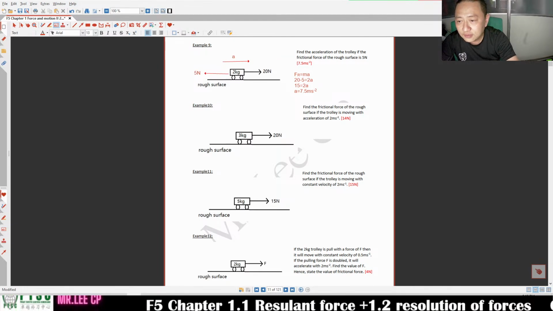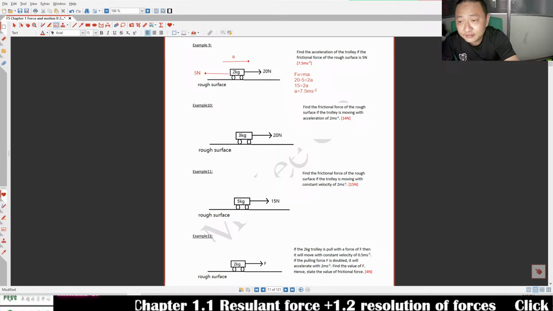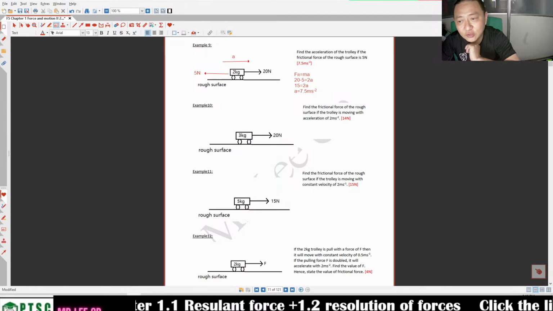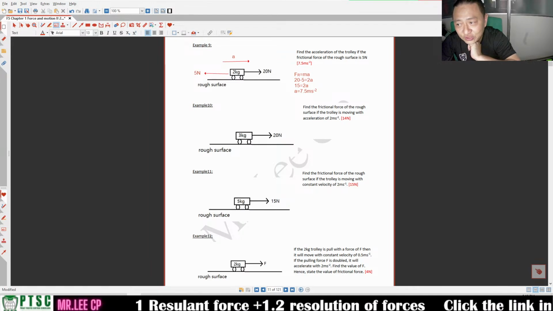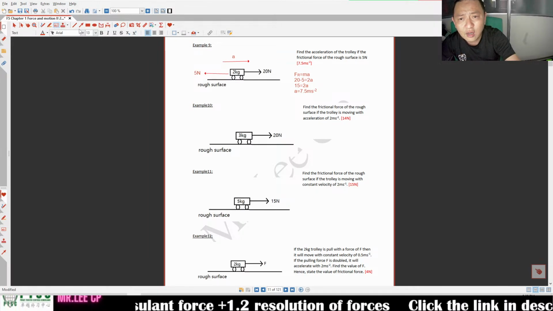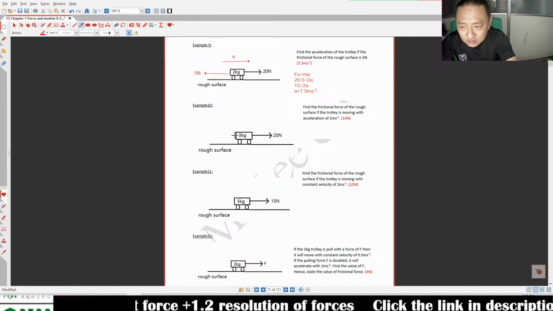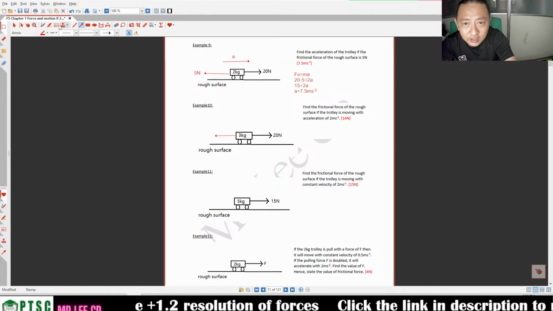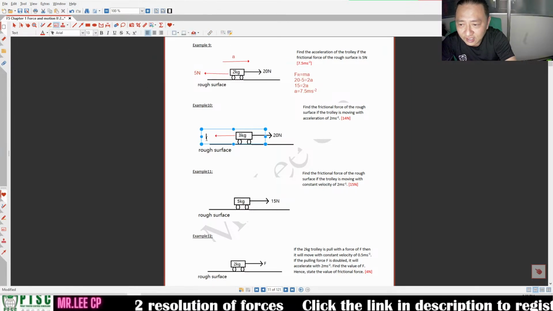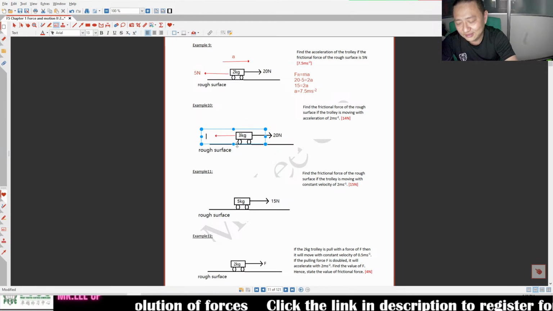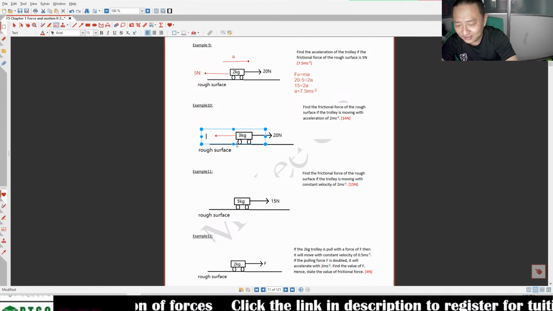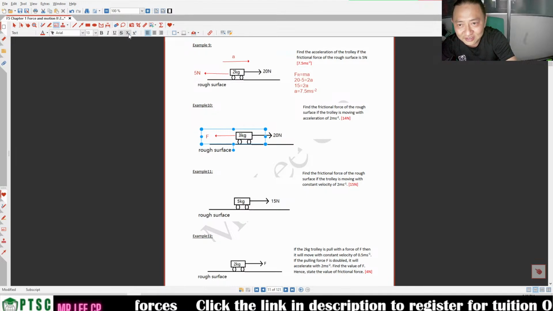Now, in this question, find the frictional force of the rough surface. I don't know how much. Okay, I name it F, friction.